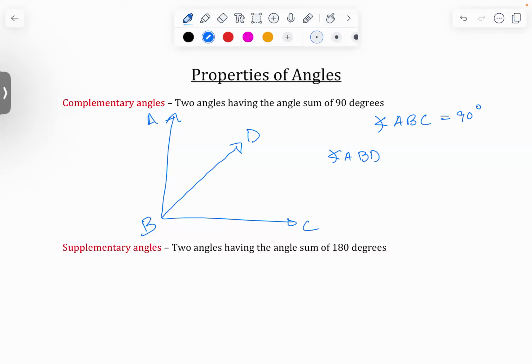Notice, right? You start on one side, whatever you're going to call the initial side, you go to the vertex and then go to the other end of that equation. So angle ABD plus angle DBC, they also equal 90 degrees. They're what we call complementary angles.